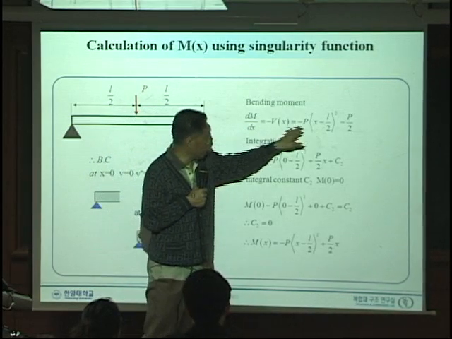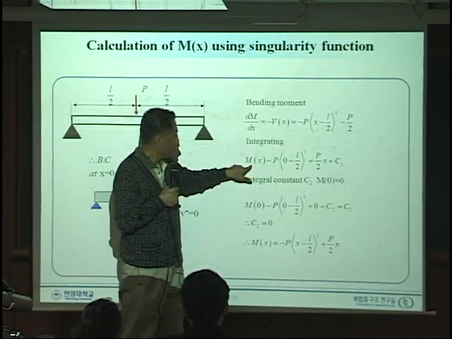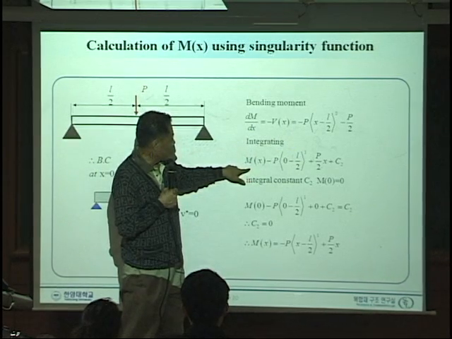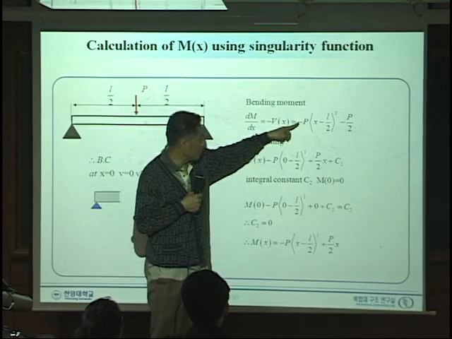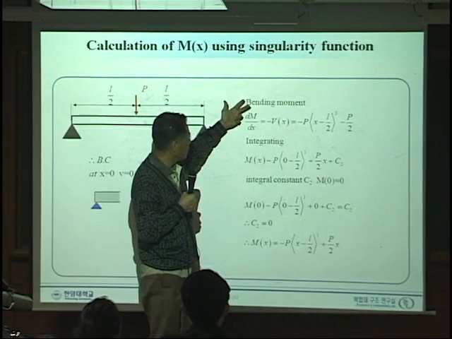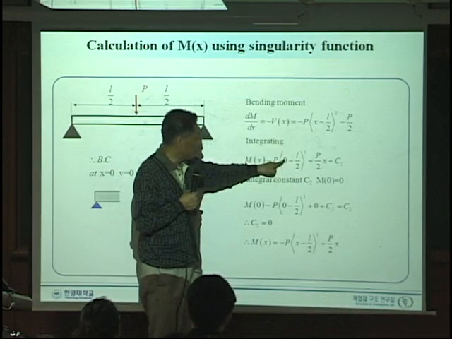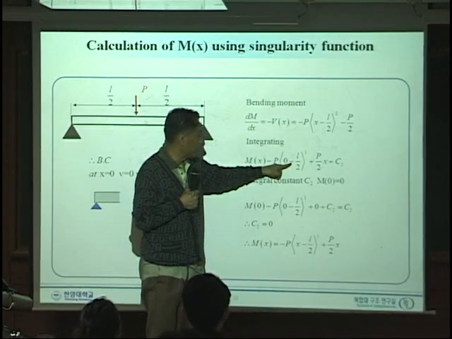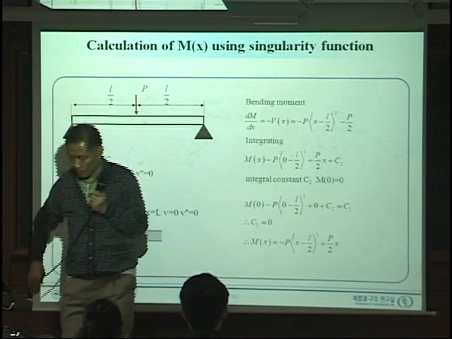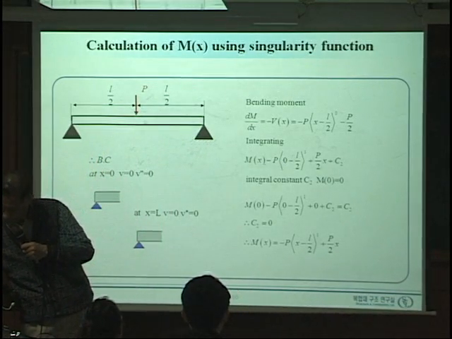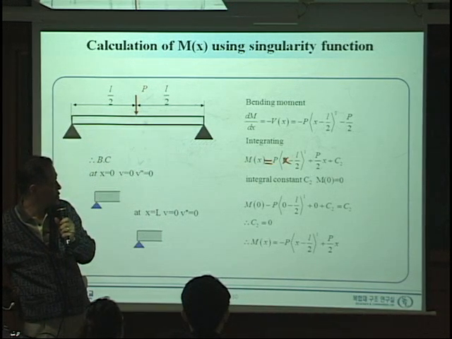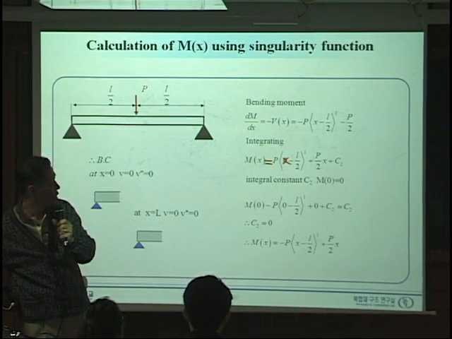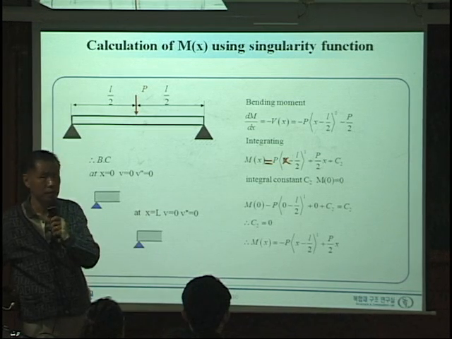Put V here and integrate, and the moment will be, just integrate x minus L over 2, and P over 2 x plus C2, right?